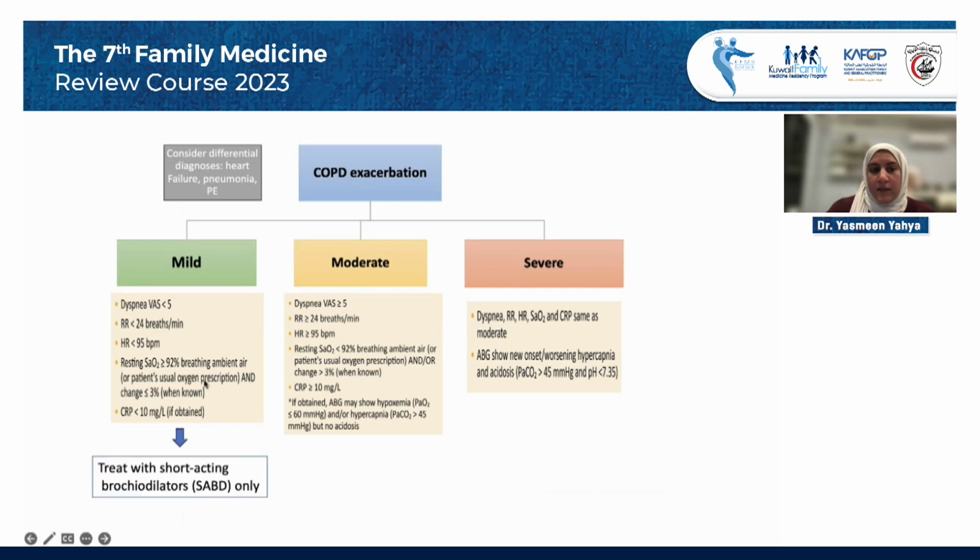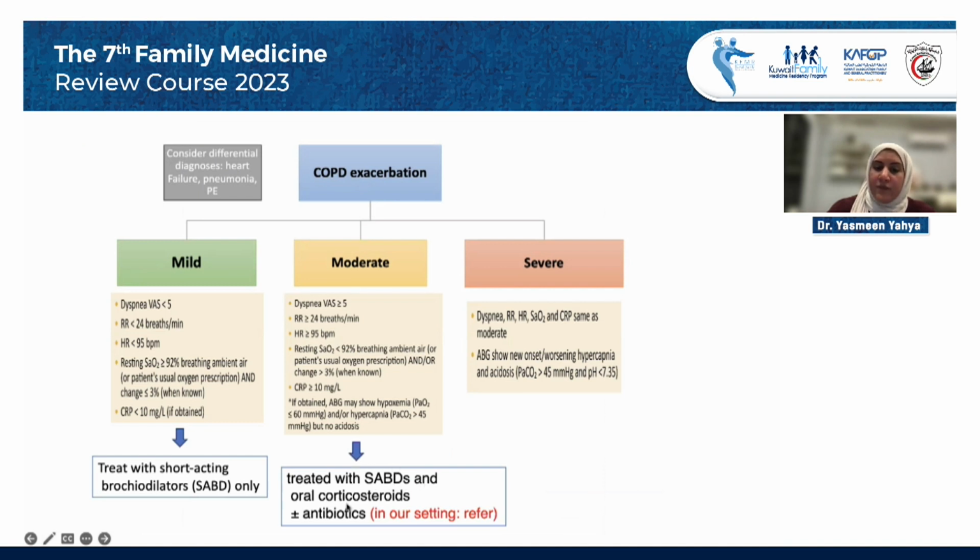For mild exacerbations, you will treat with only short-acting bronchodilators like Ventolin or Atrovent. For moderate, you can treat them with short-acting bronchodilators and oral corticosteroids, plus or minus antibiotics. But like I told you, in our setting, it's better to refer because it will be difficult to differentiate between these two. And of course, for the severe, you need to refer.